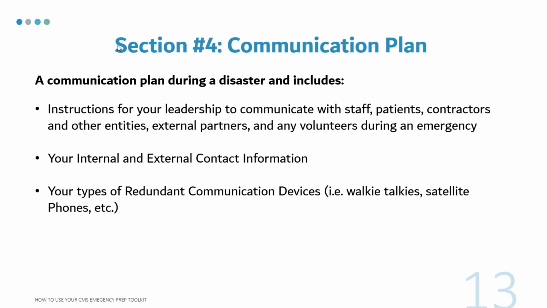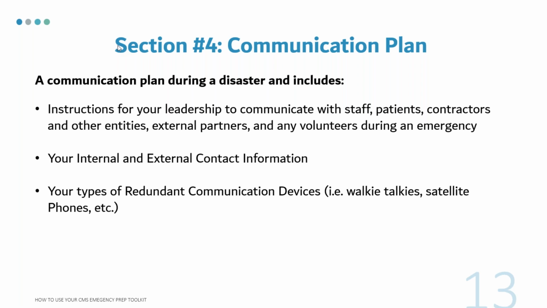The communication plan also lays out what your redundant communication devices are, things like walkie-talkies and satellite phones. It's not a cell phone. A redundant communication device is not a cell phone. I think often people think that cell phones are redundant communication devices, but often during a disaster, cell phones are the first things to go.